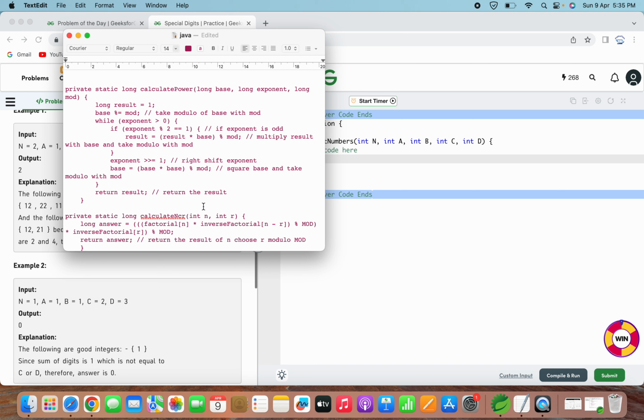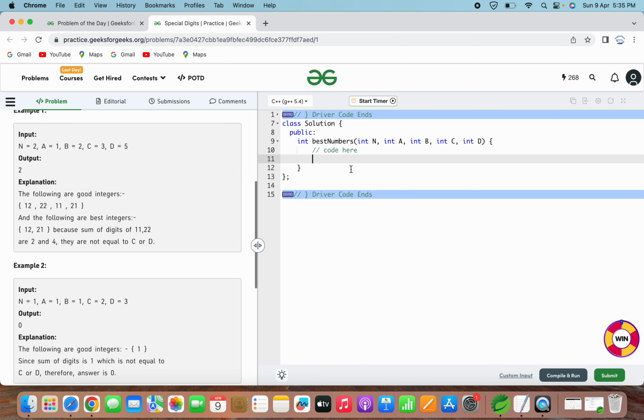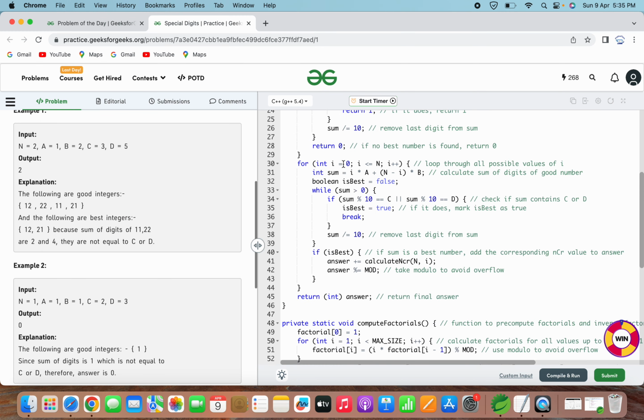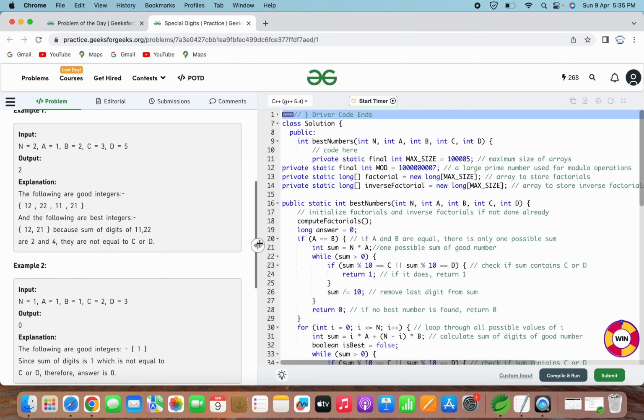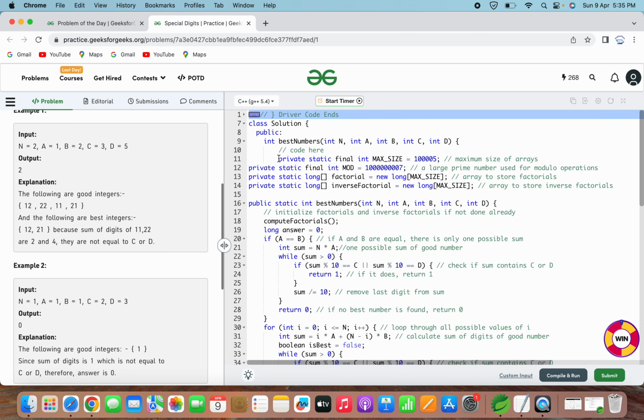So let me just copy it here. Whatever approach we have discussed there, the same thing we will be doing here. If you look at this code, the solution first initializes some constants and pre-computes some values that we require for calculation.